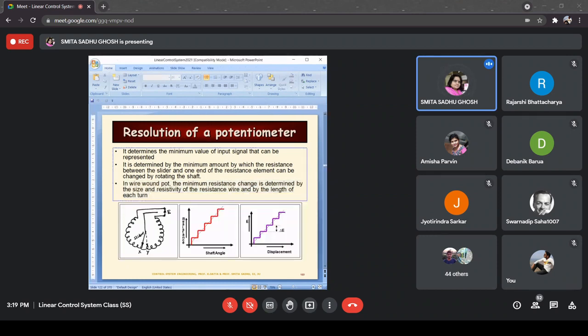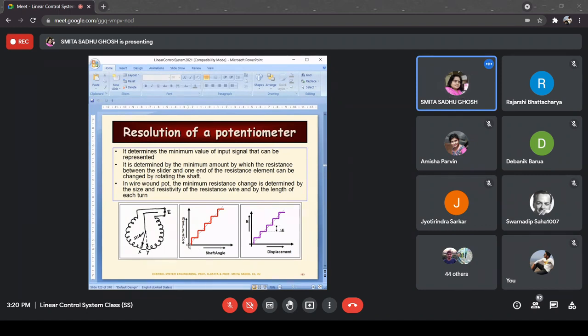So, continuing on that, resolution determines the minimum value of the input signal that can be represented, right? So if say you have the shaft angle on this side and the resistance is plotted on the other side, then basically you see that shaft angle can be changing in a continuous fashion, right?